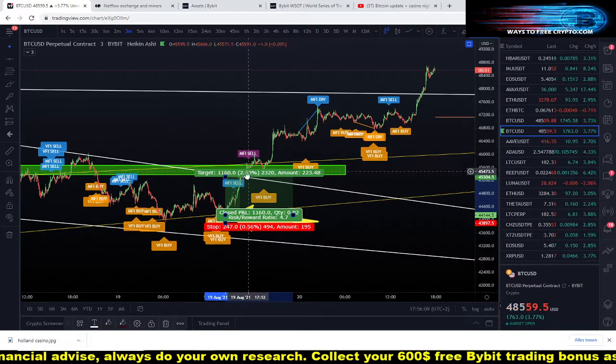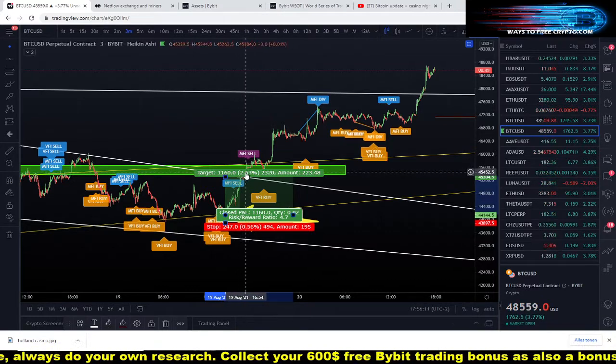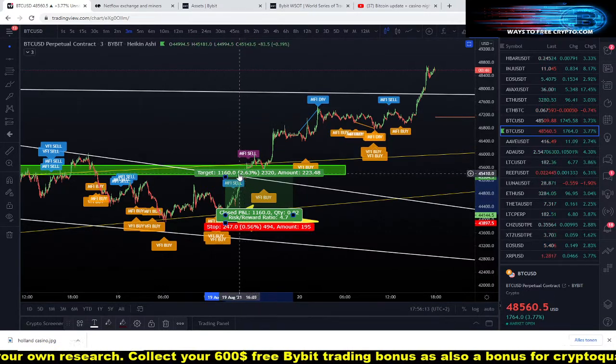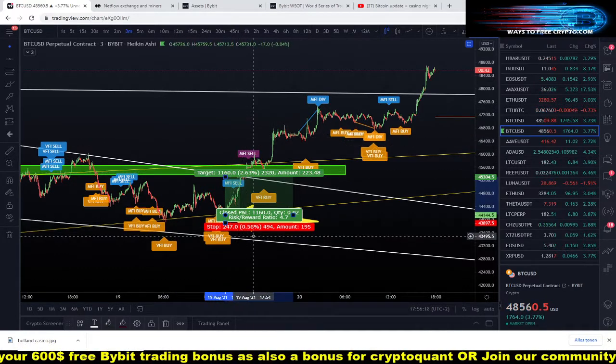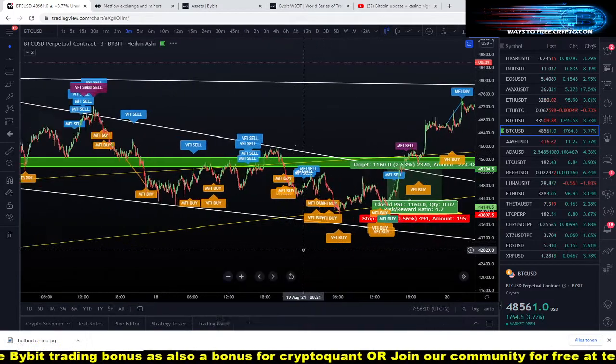Now, that doesn't look like much, but if you play this with a leverage of 10, then you could have made 26%. And that's how you do it.